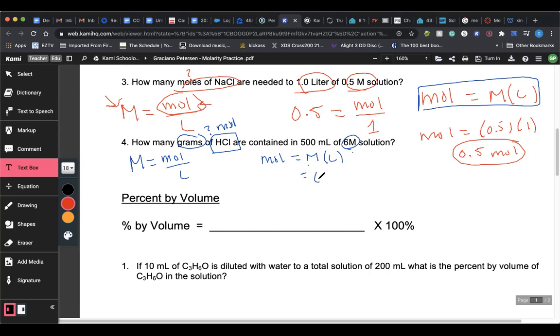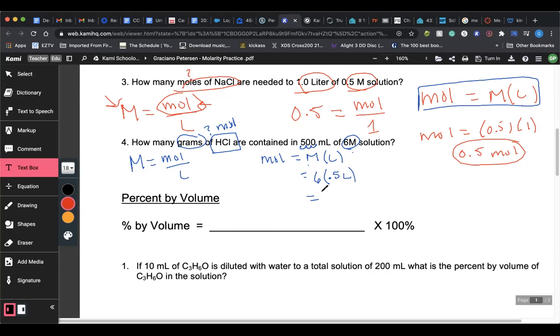So we're going to replace the M with 6. And what about for the liters? Do we have the liters? No, we have milliliters. So how do we convert milliliters to liters? 3 spaces to the left. Perfect. 1, 2, 3. So it's 0.5 liters. So we're going to multiply 6 times 0.5. It's going to give us what?